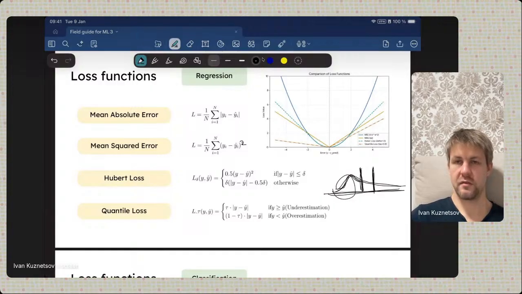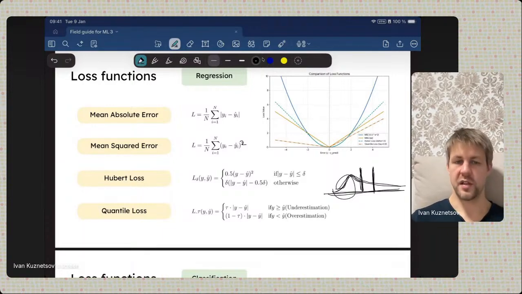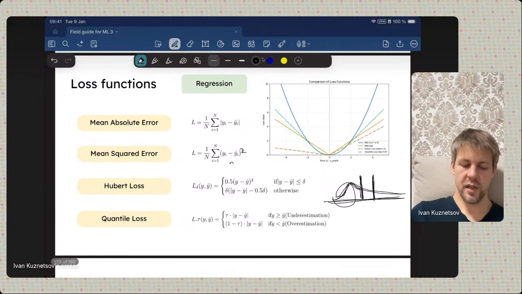But on average, basically it targets the value where on average your error will be the smallest. But the mean absolute error targets the median value, because if you find a derivative here, it will be 2 times error essentially, and here it would be just 2.